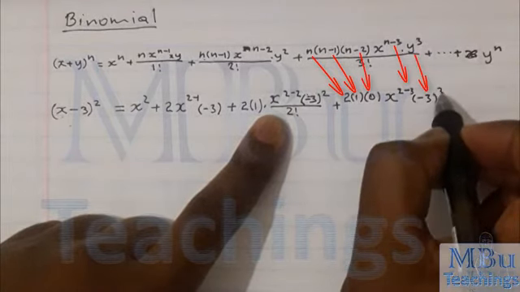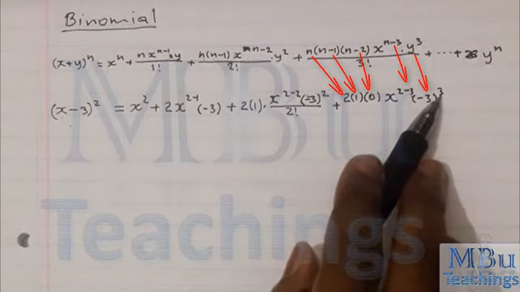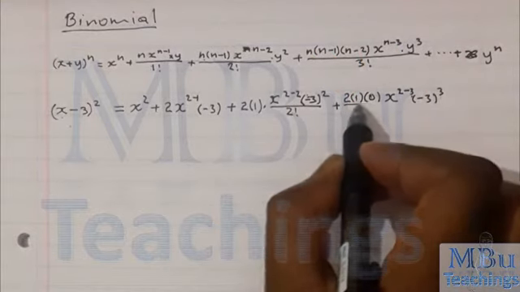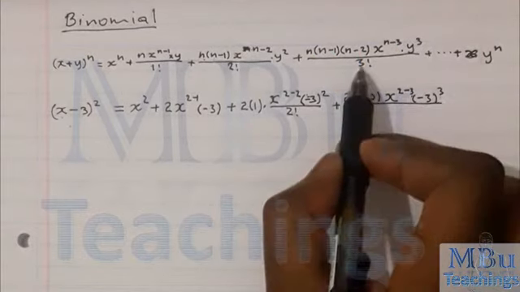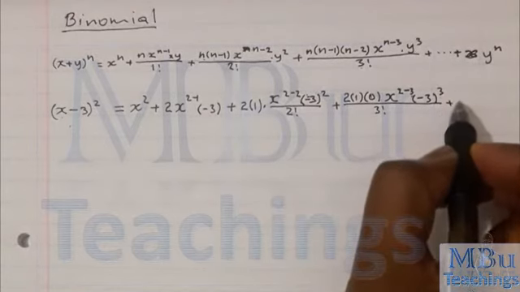Now to the third exponent. Now if you notice, when you subtract here, this one is the positive exponent. So all of that should be divided by 3 factorial, and so on.